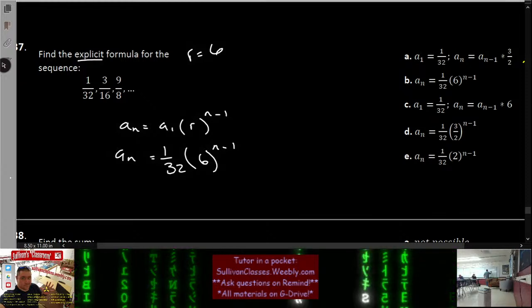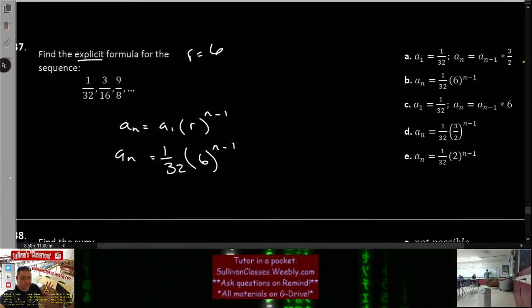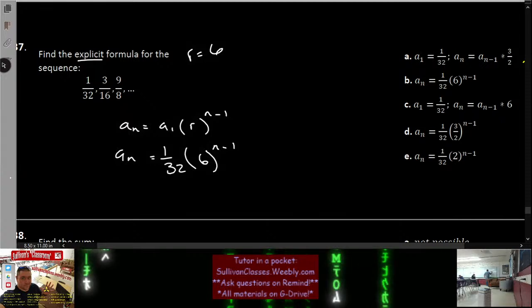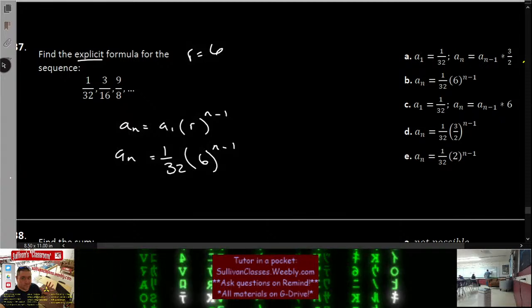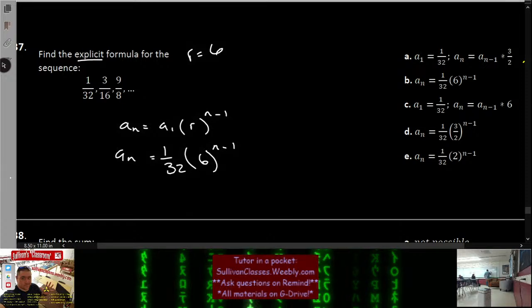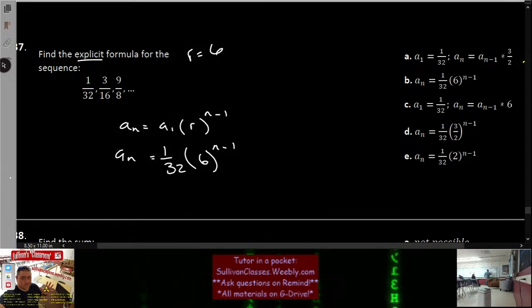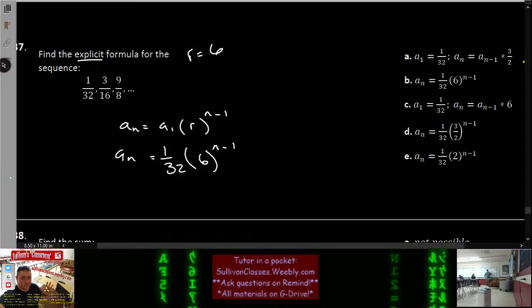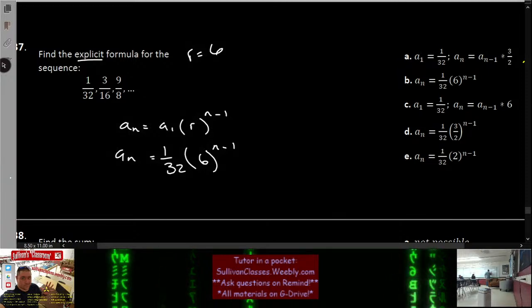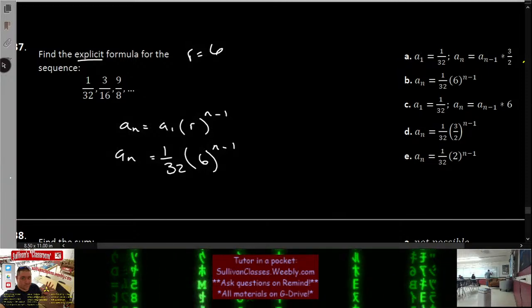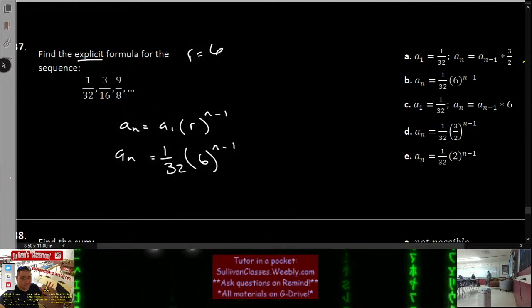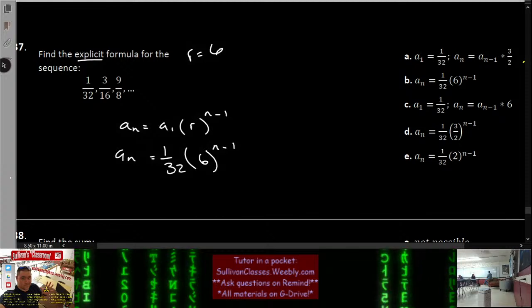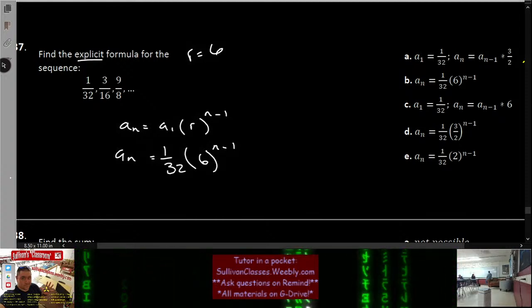A sub 1 is number, a sub n is a sub 1 times r to the n minus 1. Okay, those are the forms of the arithmetic and geometric.